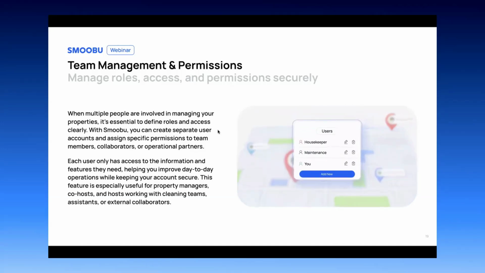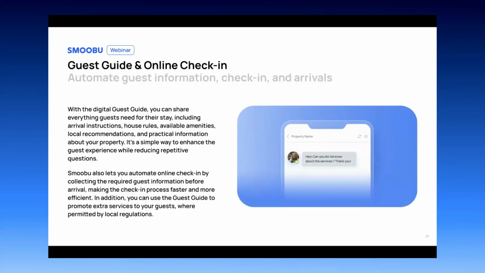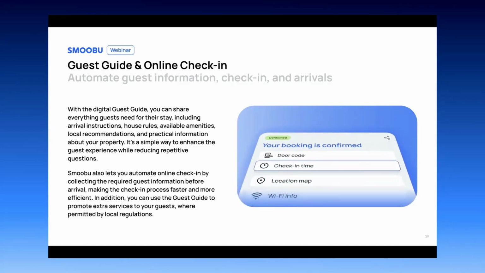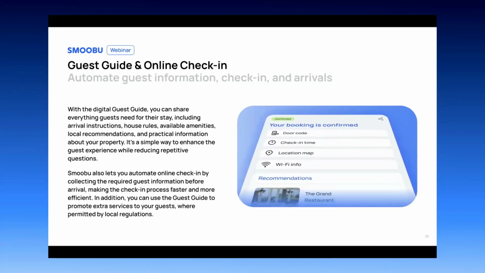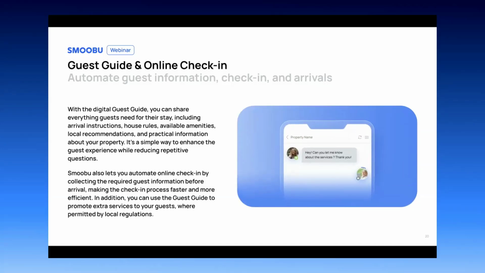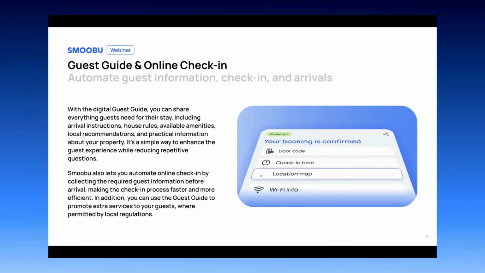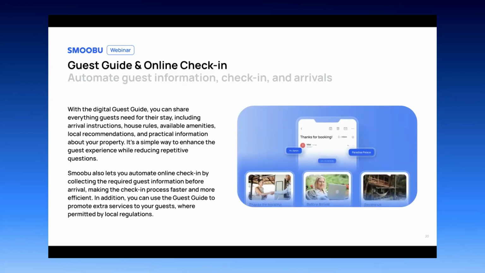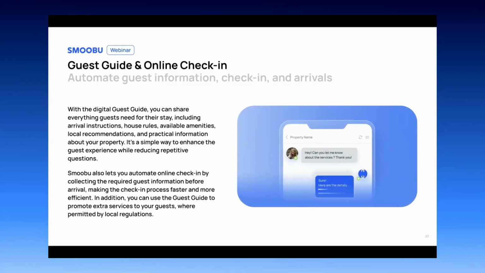Next, we'll have a look into one of our most popular features, which is the guest guide and the online check-in. With our digital guest guide, you can inform your guests about everything they need to know about their stay. So they can simply have it on their phones at all times, which can also reduce the need to go back and forth with your clients.